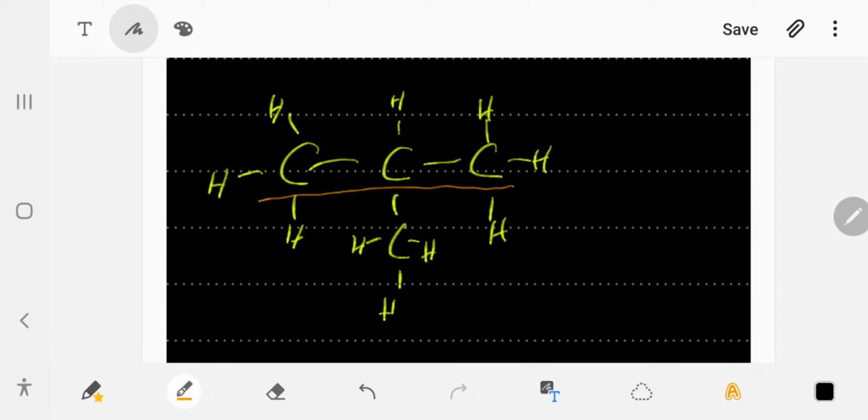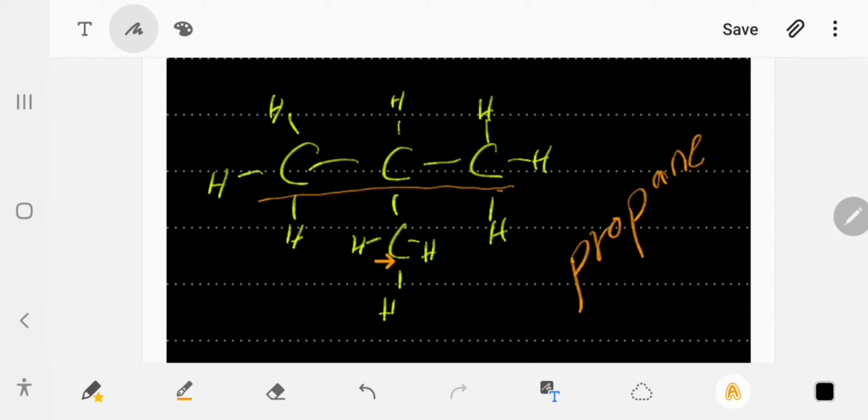Because we have 3 carbon atoms, we will have prop. All of them are single bonds, so it will be propane. So the name of the, let's say, mother chain is propane.